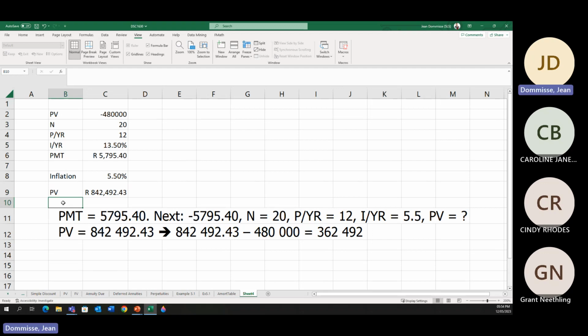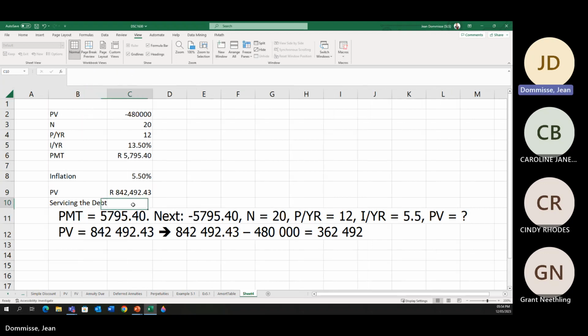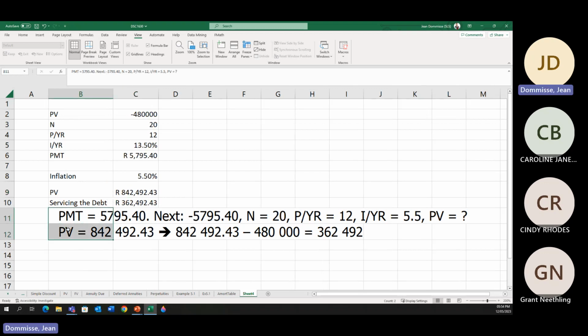And then, as we did with the previous one, to work out what your cost is to servicing the debt, is basically to say, well, remember we had that as negative just for the calculation. So then I can just say it's that one plus that one is the amount to service the debt.